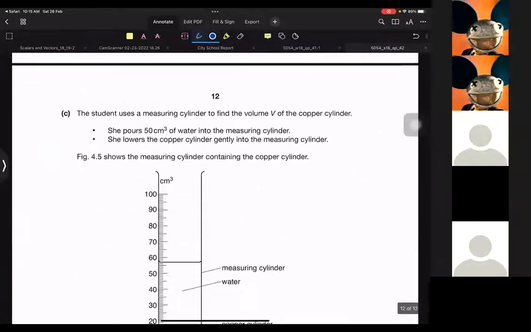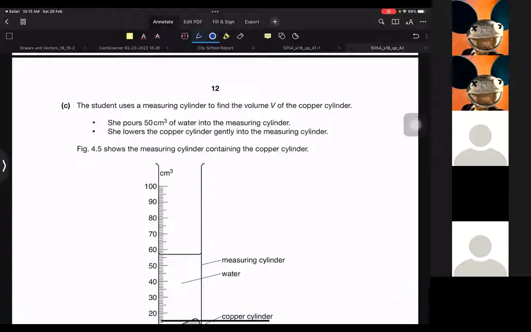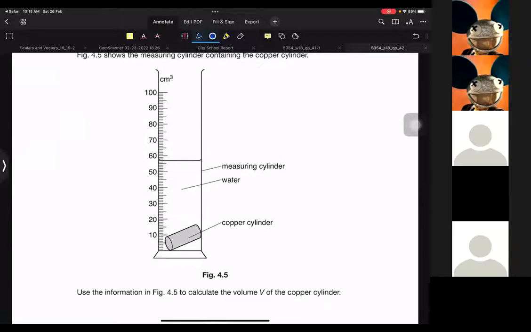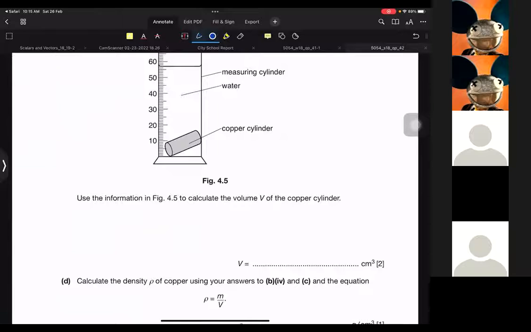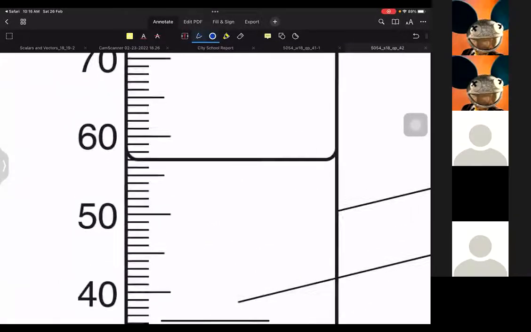So moving on to part C, it says blah, blah, blah. You already know this. It says calculate the volume V of the copper cylinder. One of the most important things that you've got to do is you always need to take the readings from the lower meniscus, or whatever the curved part is, right?